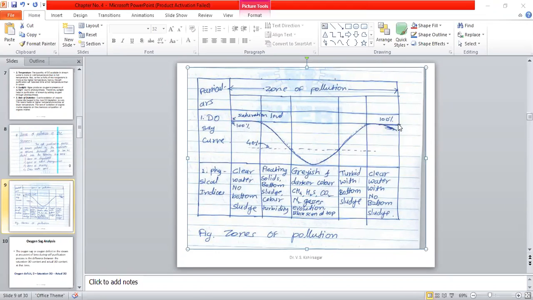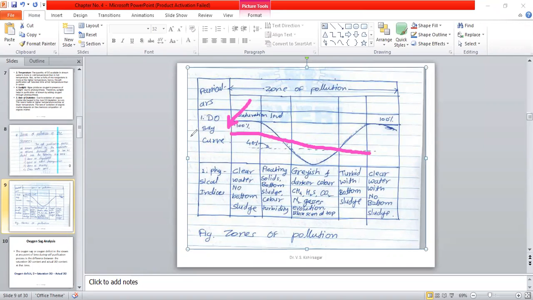And the last one is the clear water zone, where the river comes back to its original state, as it was before the outfall. This is the outfall spot where we added the sewage and the life of the river changed.